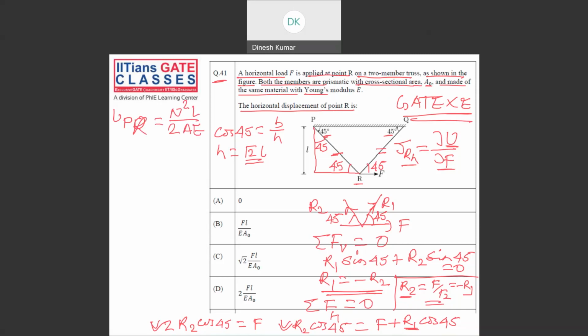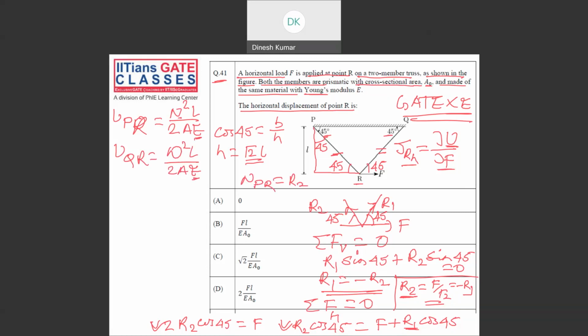N is R2. In the same way, the strain energy stored in the member QR is also N square L upon 2AE. Now you know the areas are A naught and Young's modulus is E. And we know what is the N for the member. What is the N for member PR?